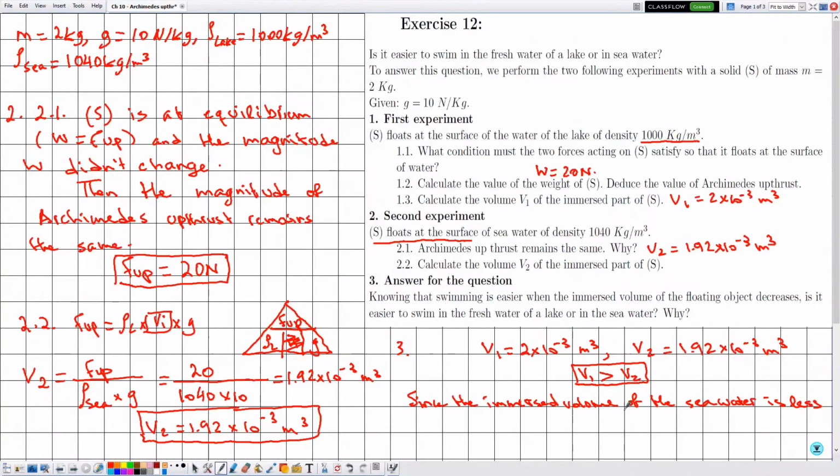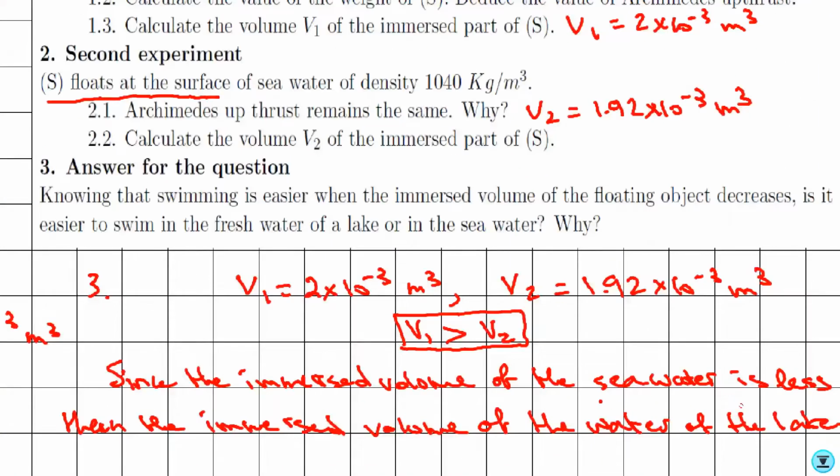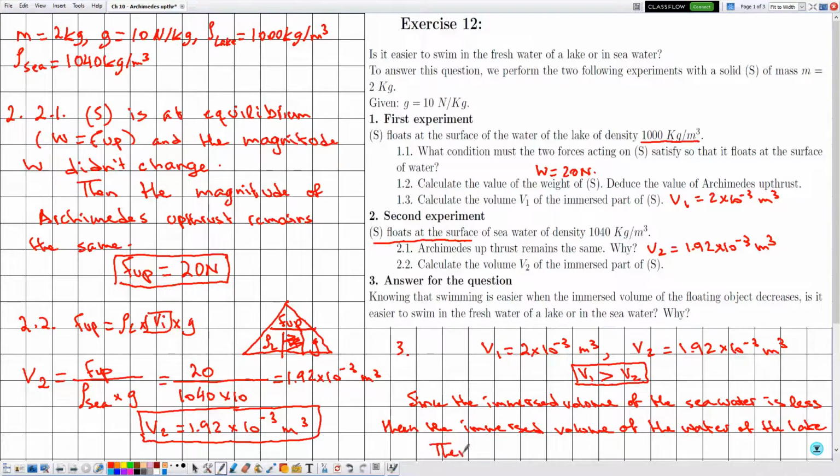Of the object S is less than the immersed volume of the water of the lake, which means that swimming in seawater is easier. And now let's move to the next exercise.